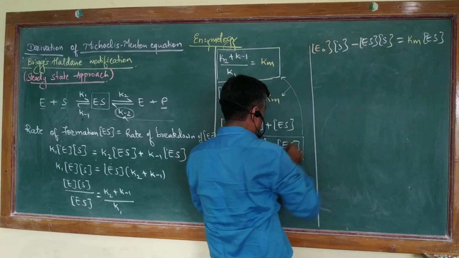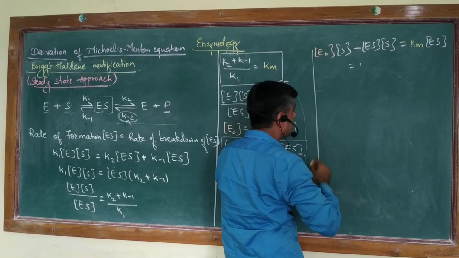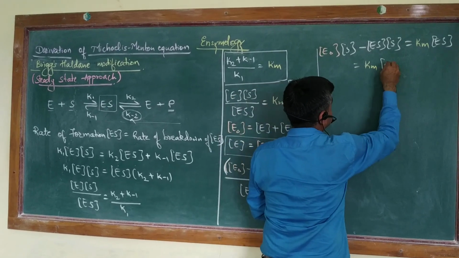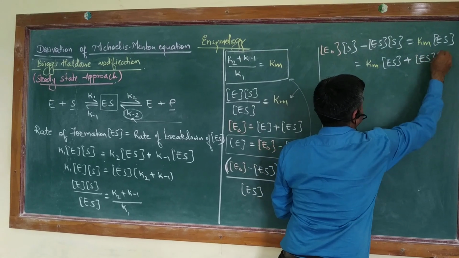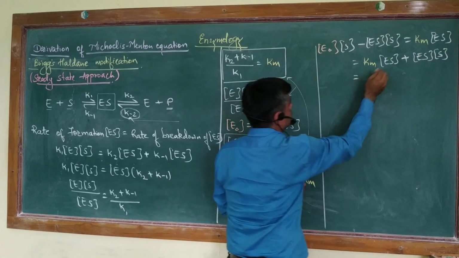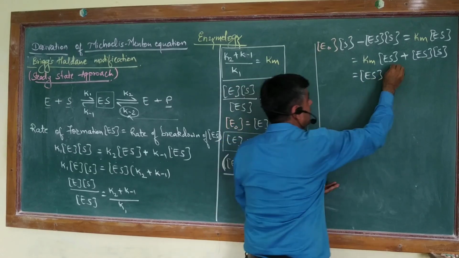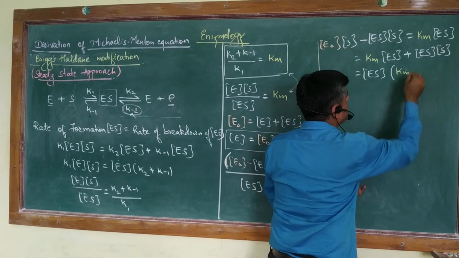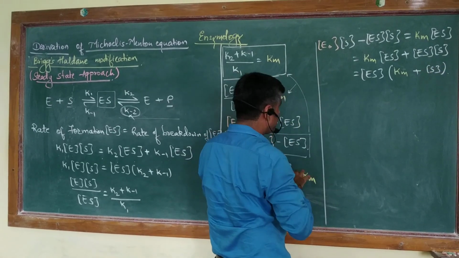Now taking ES to one side, I have this equal to Km into bracket your ES. This, when it goes there, it will be positive, so it is ES into S. So I take ES common from this. So when I take ES common, I have ES into bracket Km plus S.